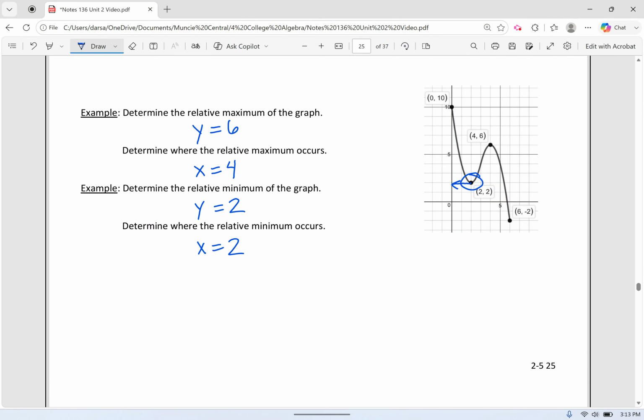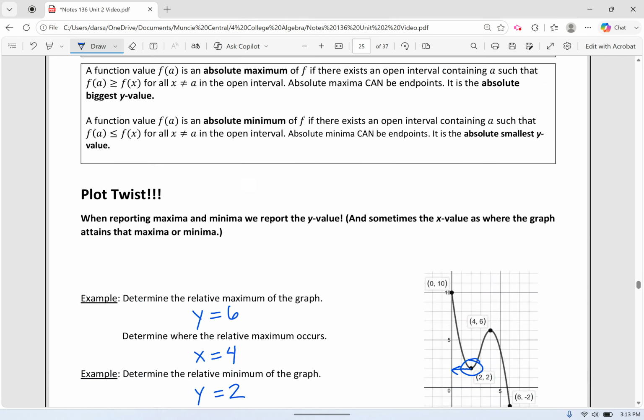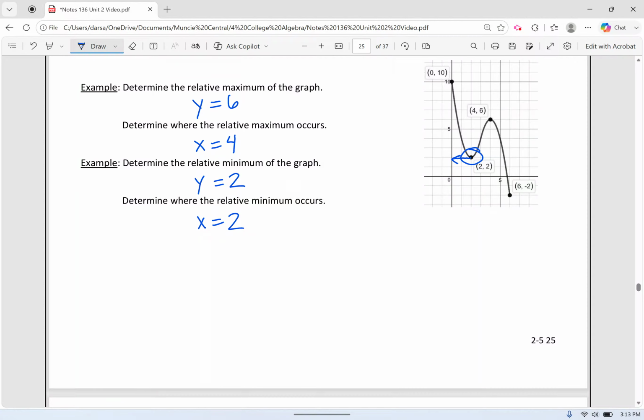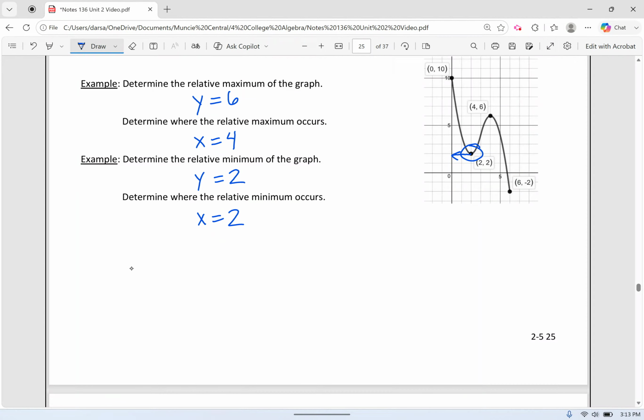We can also look at this and ask, what is the absolute max and the absolute min? So, what is the absolute maximum of this graph? Well, the absolute highest y value can be an endpoint, and that is happening here.